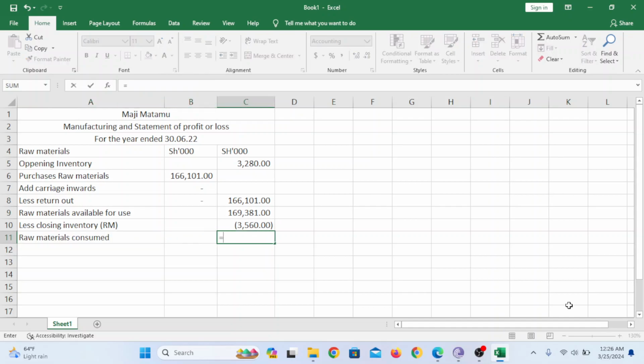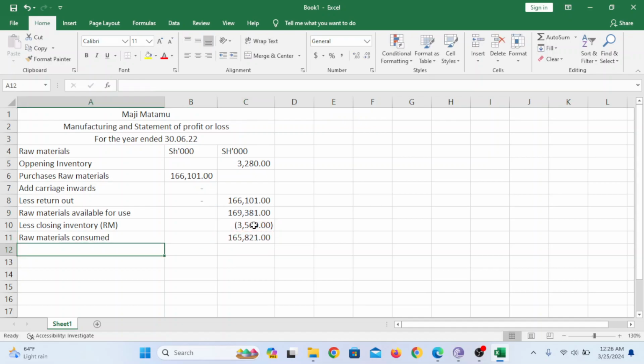So that is 169,381 minus the closing inventory. Up to there we have the raw material consumed. Then after having the raw material consumed, we need to add direct expenses.